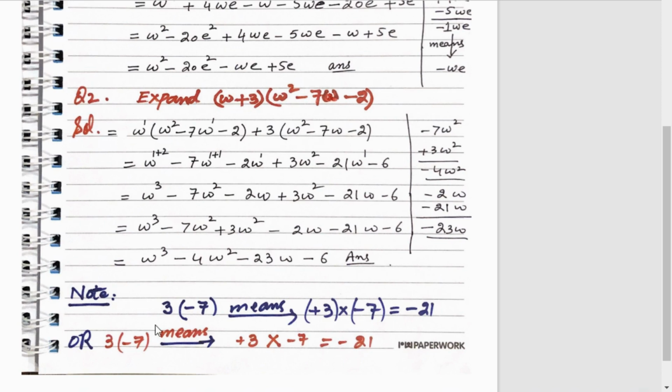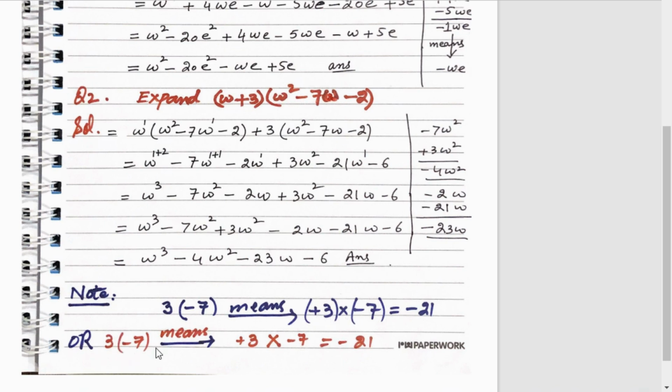What does it mean? 3 bracket minus 7 means plus 3 multiplied by minus 7, and plus into minus is minus, 7 into 3 is 21. This is one way to understand.